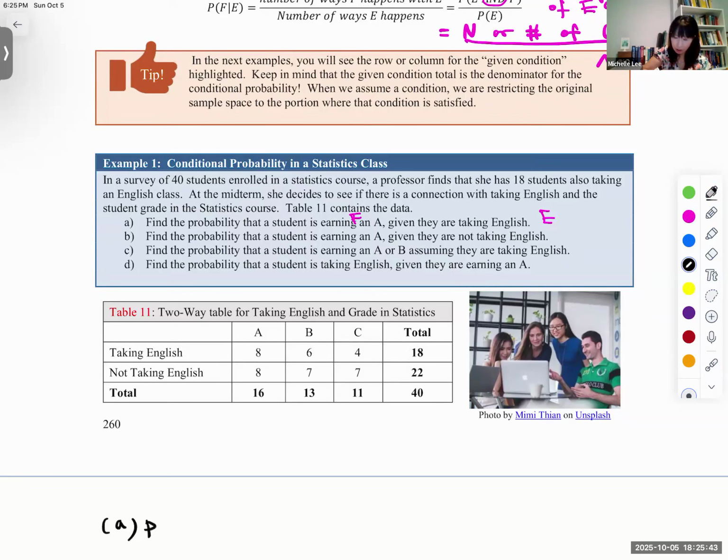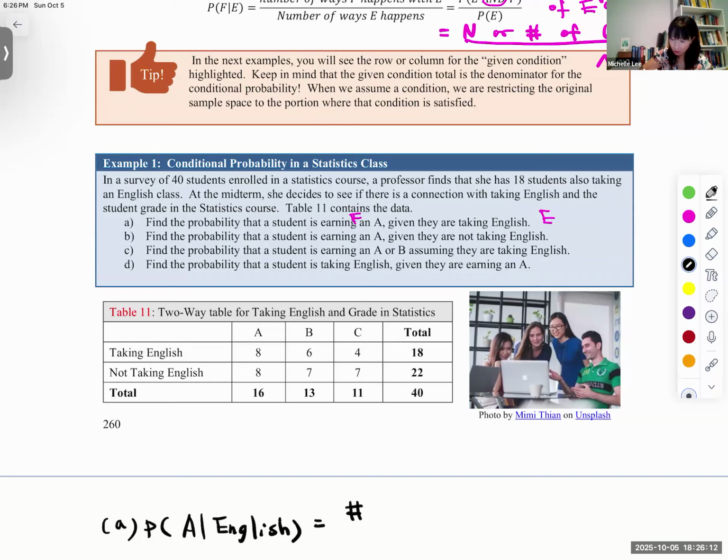What's the probability of earning A given that taking English? There will be the number of overlap of E and F.